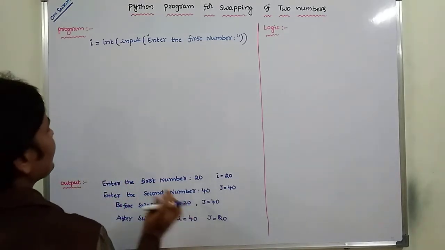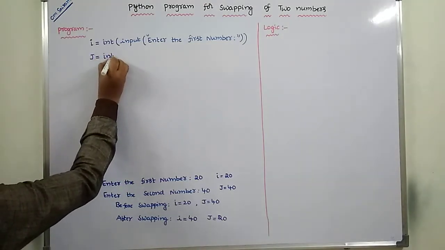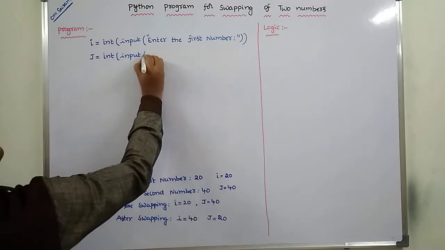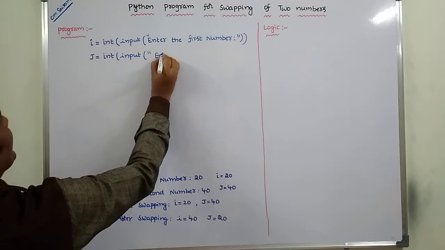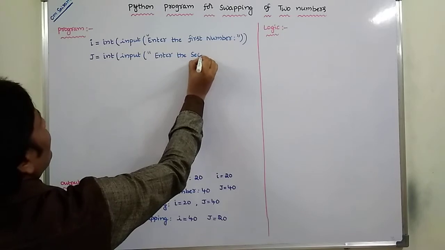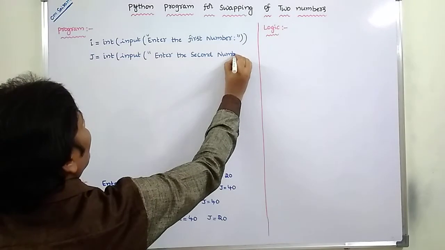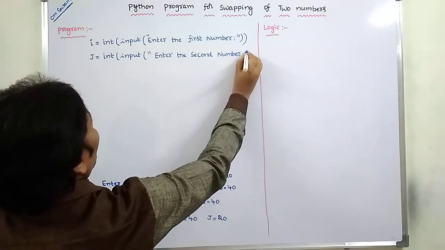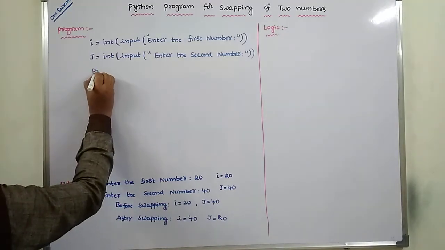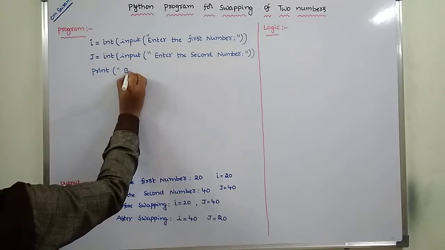Next, enter the second number. J is equal to int of input of "Enter the second number". Okay, next, print "before swapping".